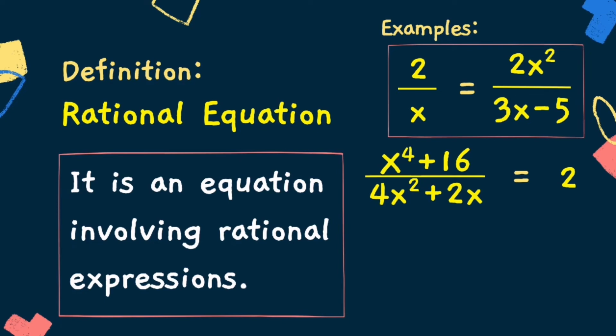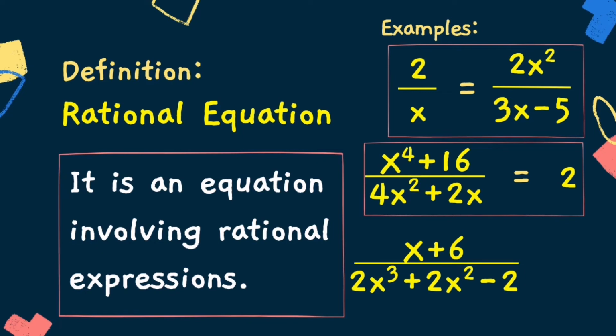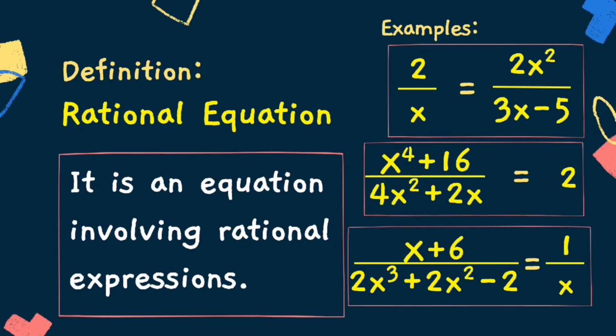So if we put an equal sign between them, we have already a rational equation. Next, we also have this one. So take note that it is composed of rational expressions combined or equated, added, with the presence of, of course, an equal sign. So that is a rational equation.